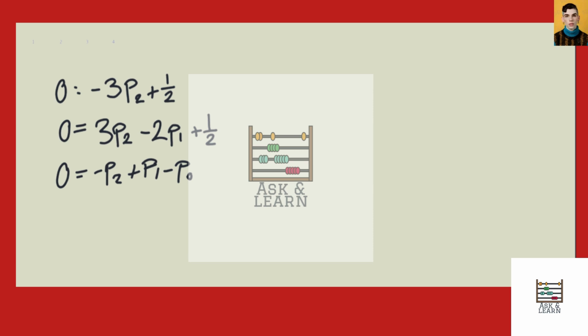Okay, so then we solve this, and this one we can solve pretty well. We minus 1/2 and then divide by negative 3. So that gives us that p2 is equal to 1/6. Then we can put that value into the second equation. So we end up with 1/2 minus 2 p1 plus 1/2, so it's going to be 0 is equal to 1 minus 2 p1.